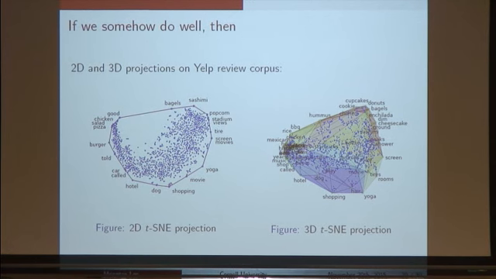As you might remember, after getting the anchors, the goal is to learn all those coefficients to express all these words as a convex combination of the anchor words. Interestingly, these anchor words correspond to certain topics of the Yelp corpus. We can also do a 3D projection, while it looks messy. There's hummus and enchilada here.